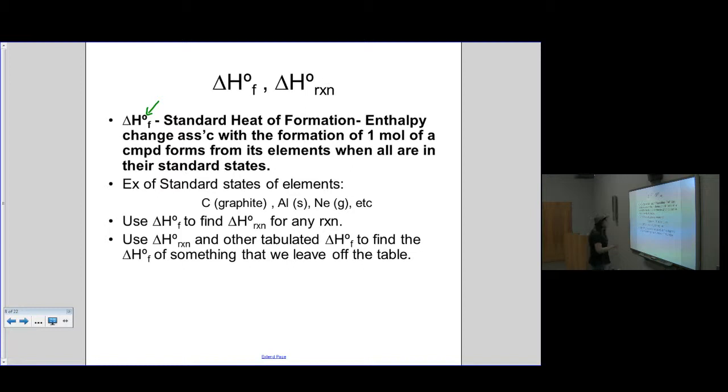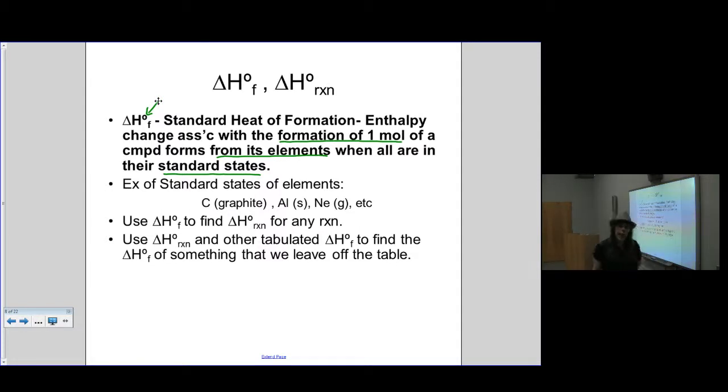And it's the enthalpy that's associated with the formation, and this is important, of 1 mole of some compound from its elements, only its elements, when they're all in their standard states. So, what are elements in their standard states?